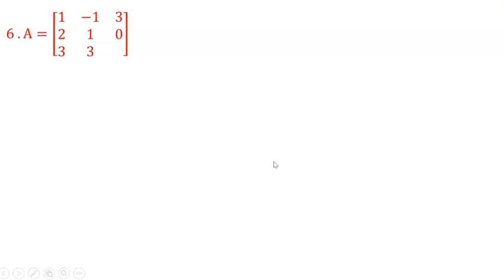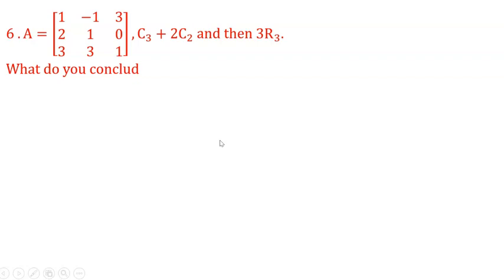Now question number 6. A is equal to the matrix 1 minus 1 3 2 1 0 3 3 1. The operation is C3 plus 2 times C2 and then 3R3. Okay, what do you conclude from examples number 5 and 6?